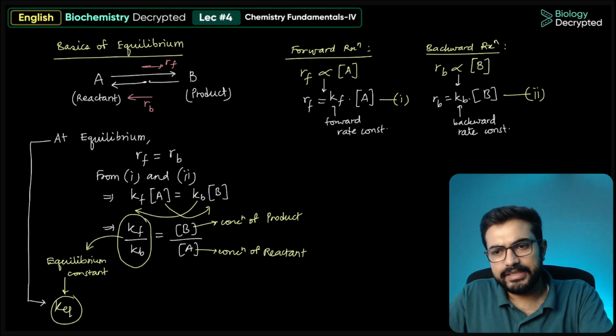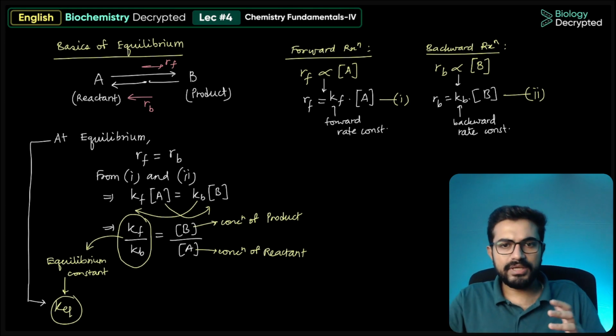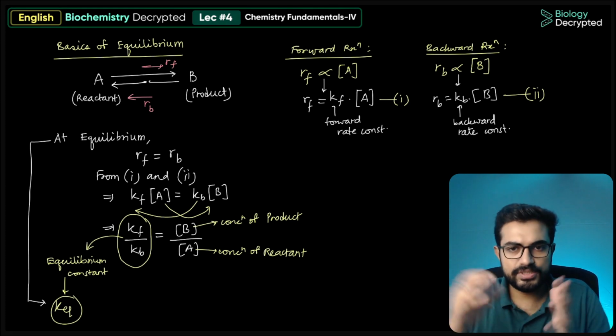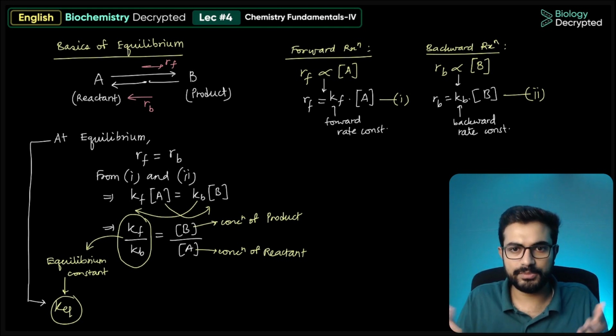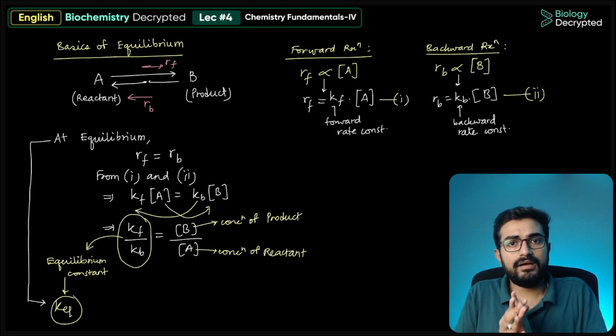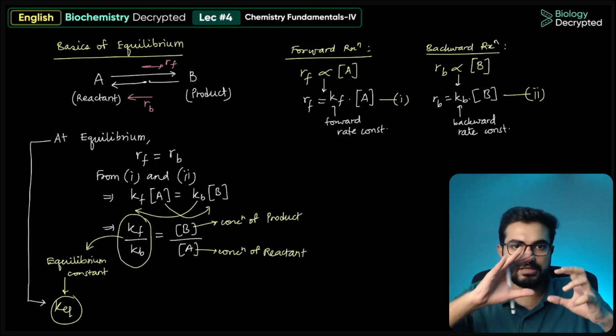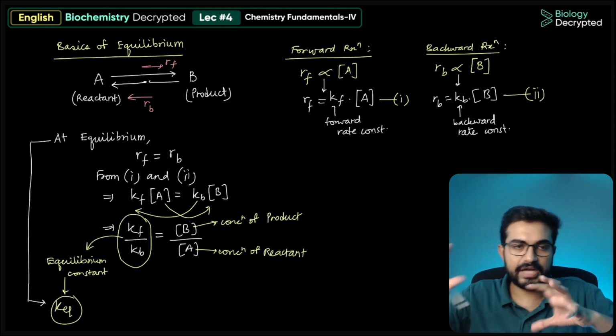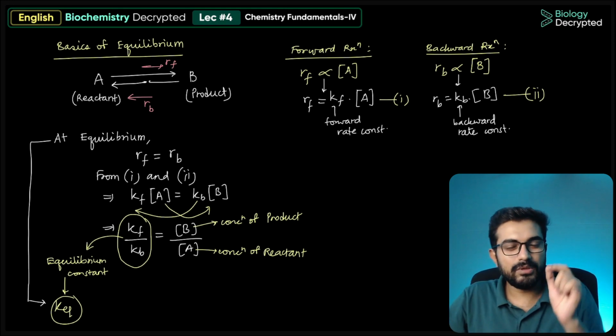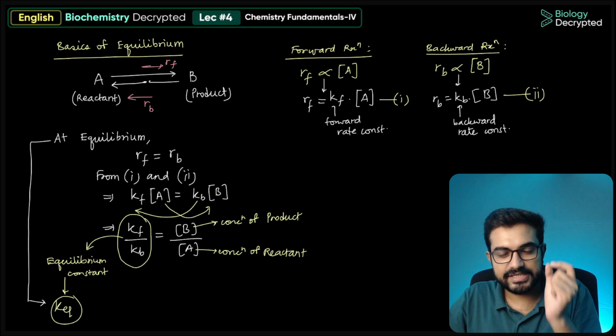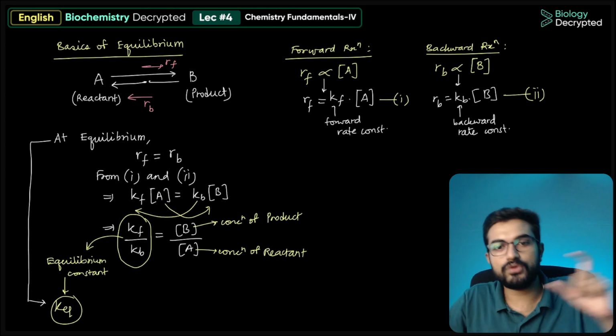But a reaction course has more to it than just equilibrium, because equilibrium is just one single part. Apart from this, the reaction occurs throughout. There is a lot of forward and backward reaction happening. Equilibrium is just a small part of the whole course of the reaction.